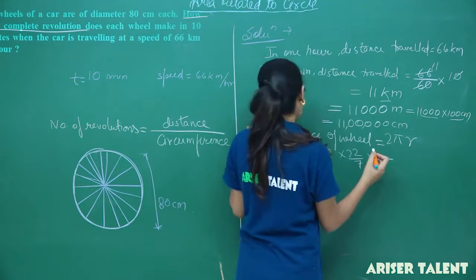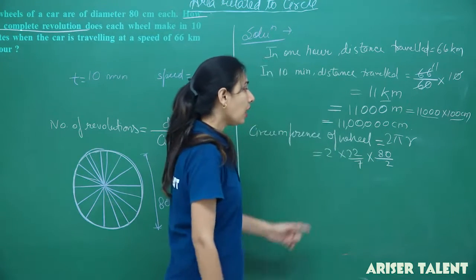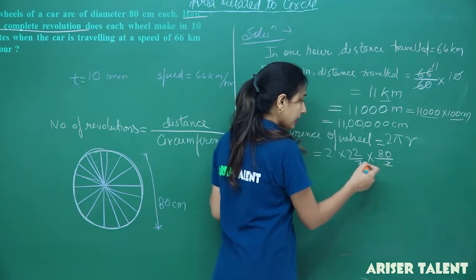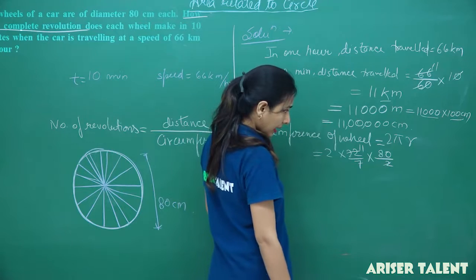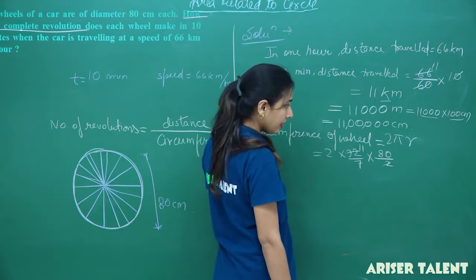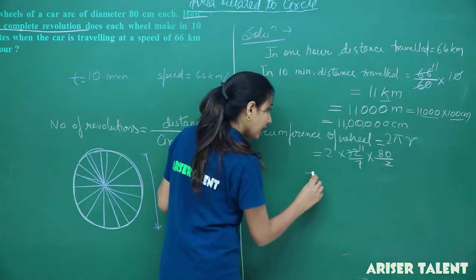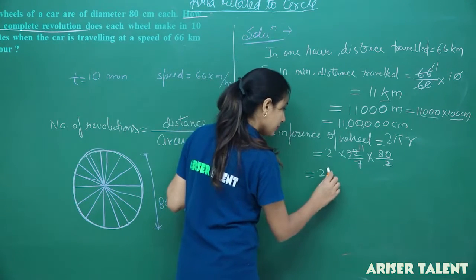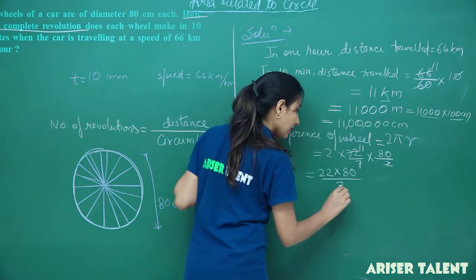So can I just write 80 centimeter by 2. So now when I will cut that, that will be cut by 11. Okay, and anything else is cutting here? No. Okay, so 2 pi r will be equals to what? That will be 22 by 80 divided by 7.